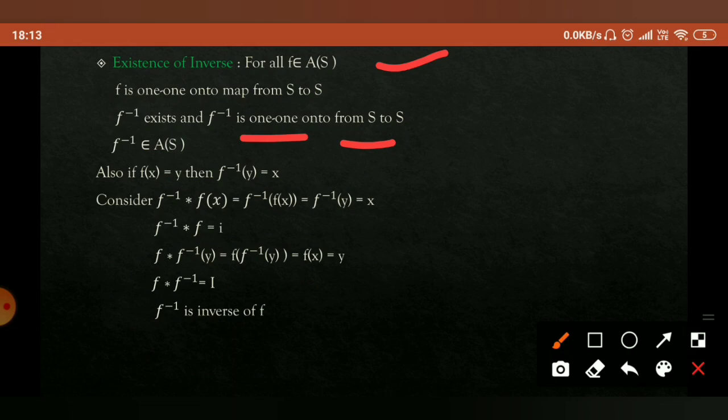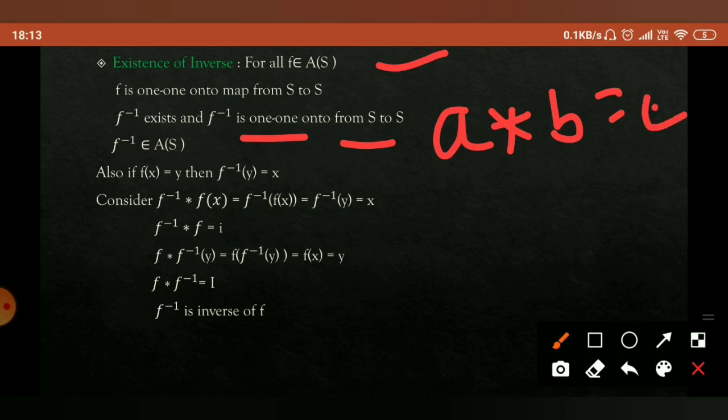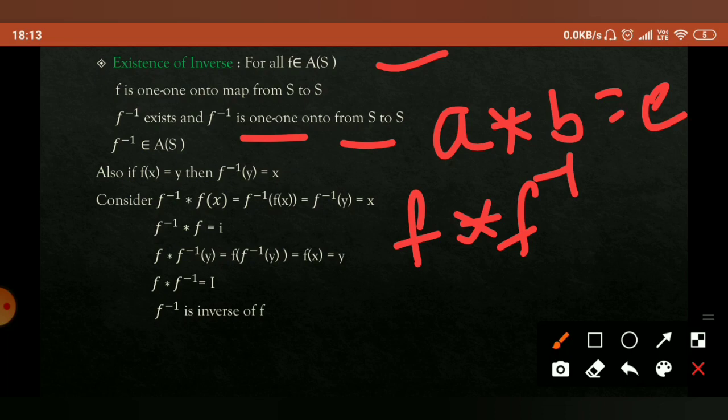Now what do we have to prove? The inverse property, that if one element is operated with its inverse, we get the identity as the answer. So now we need to check if f is operated with f inverse, do we get the identity mapping? Here, f inverse star f, when operated on x, will give us f inverse of fx, and fx we have taken as y.